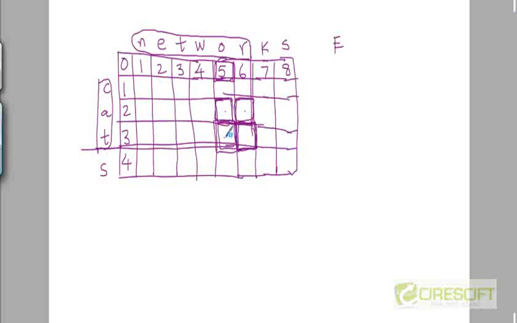This cell corresponds to the same prefix of X, but with one less character of Y, without this R. This cell corresponds to the edit distance between the same prefix of Y, but with the prefix C and A of the string X. And this cell corresponds to the edit distance between a smaller prefix of X and a smaller prefix of Y. Okay, one character from both strings has been removed from the end.